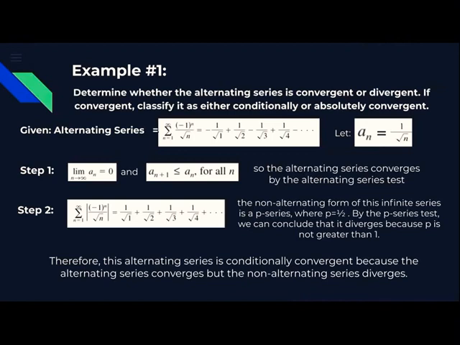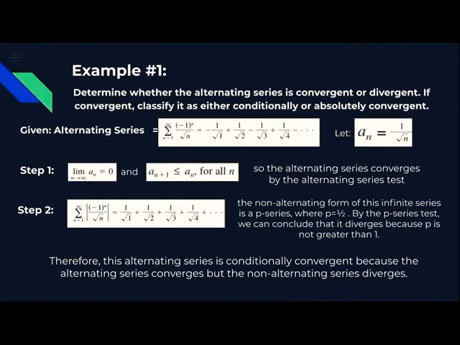So I started by letting a sub n equal 1 over rad n, which is the non-alternating part of the series. So, step 1. You do the alternating series test by showing that the limit as n approaches infinity of a sub n equals 0, because the limit as n approaches infinity of 1 over rad n is 0.